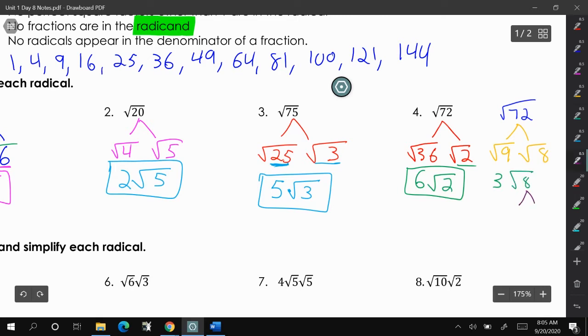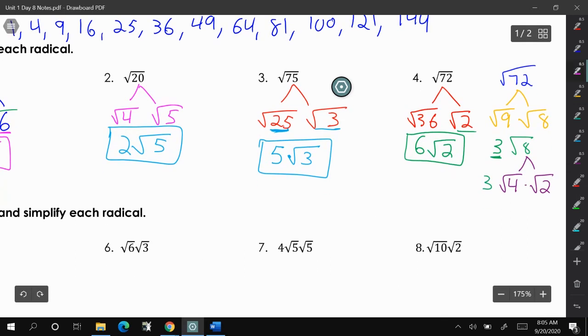The square root of 8 can be 4 times 2. Now remember, we still have this 3 out in front. The square root of 4 is 2, and then we can bring this down still. 3 times 2 is 6, and we get the same thing as we got up here.